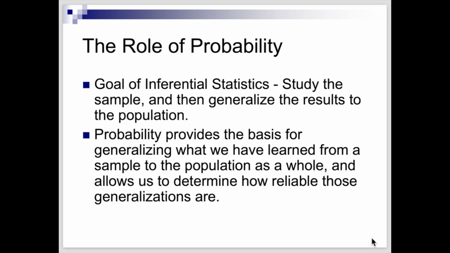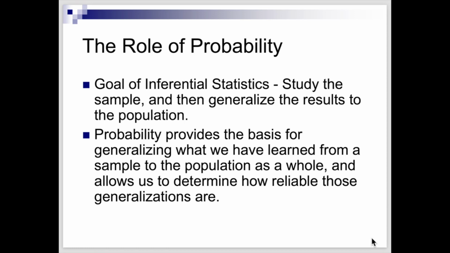And so what is the basis for doing this? That is where probability comes in. So the goal of inferential statistics is to study the sample and then generalize the results to the population. Now, what is the basis for this? Probability. Probability provides the basis for generalizing what we've learned from a sample to the population as a whole, and it also allows us to determine how reliable those generalizations are.